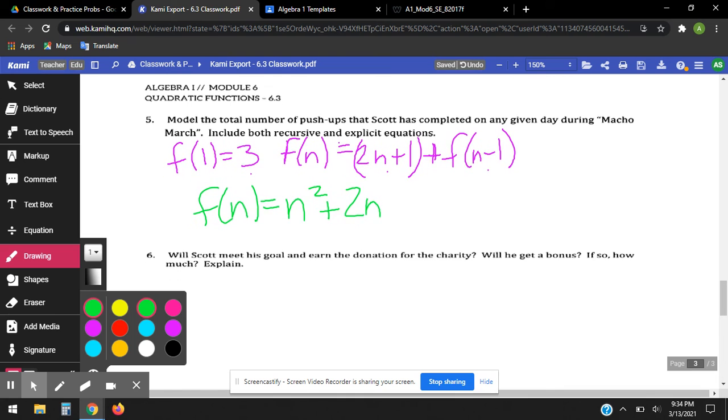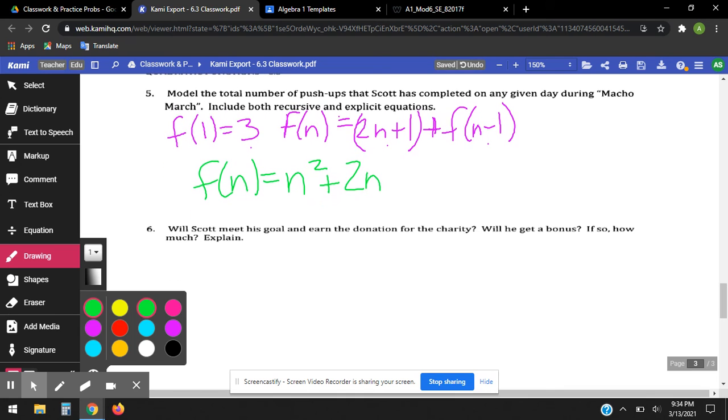So will Scott meet his goal and earn the donation for charity? Will he get the bonus? And how much will he get? Well, there's 31 days in March. So if I go f of 31, then I'm doing 31 squared plus 2 times 31.